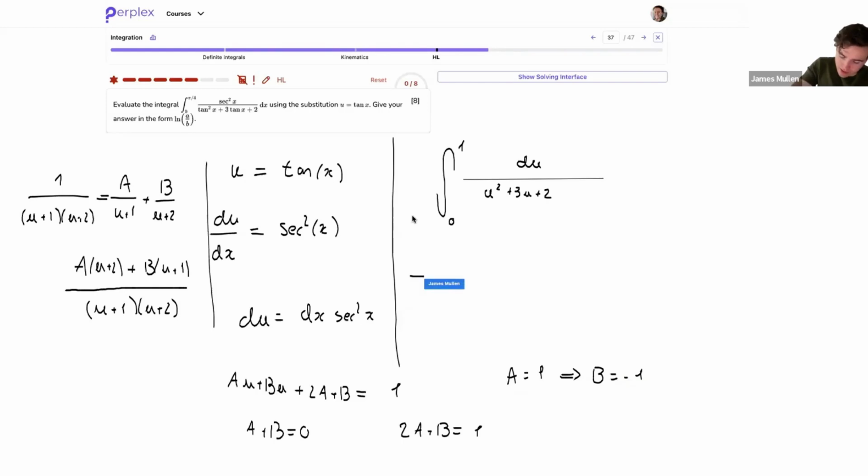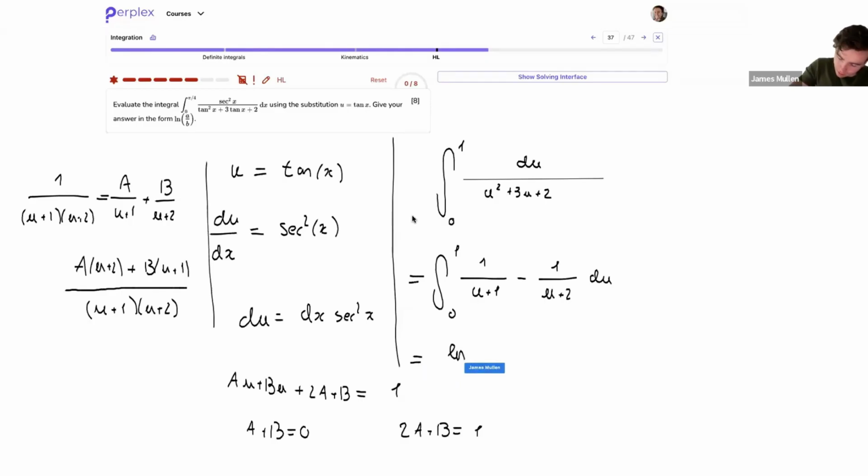So now I can write this integral as the integral from 0 up to 1 of 1 over u plus 1 minus 1 over u plus 2 du. And that's great because now I can use my natural logs, and that is just going to be equal to ln of u plus 1 minus ln of u plus 2. And this is going to be applied from 0 up to 1.